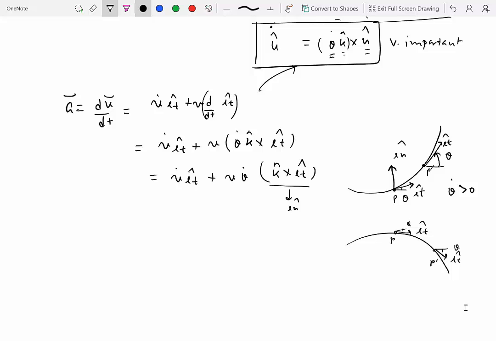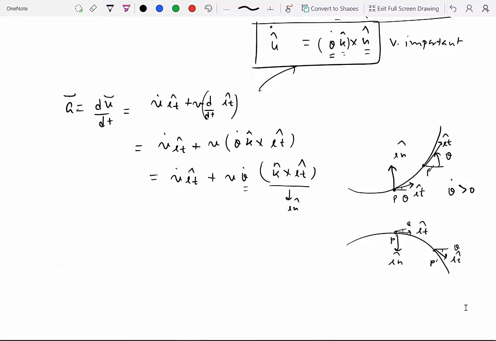So in this case, theta dot is actually negative, which means k is actually pointing into the plane of the travel of this path. Okay, and that means that when you take this cross product over here, theta dot is negative, so that will be actually minus k cross et hat, and that would give you the same direction as en hat towards the concave direction, right? So k cross et hat is always positive en hat.